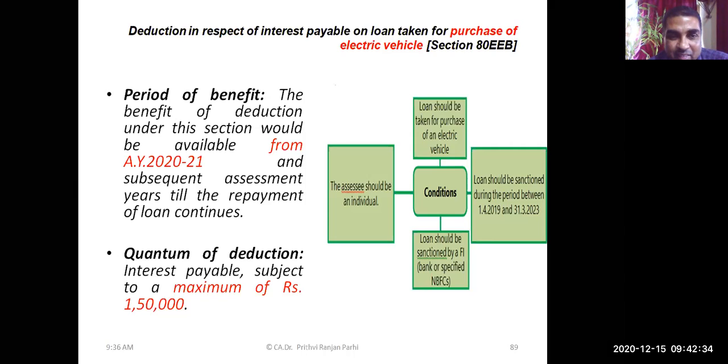And this deduction is allowed from the assessment year 2021, and it will continue till the repayment of the loan continues. So one can keep on paying interest up to rupees 1,50,000 and claim deduction.